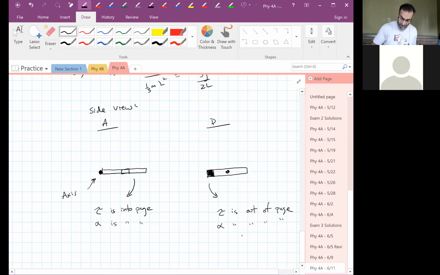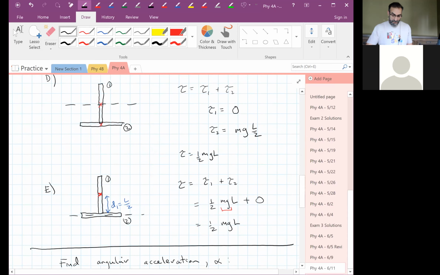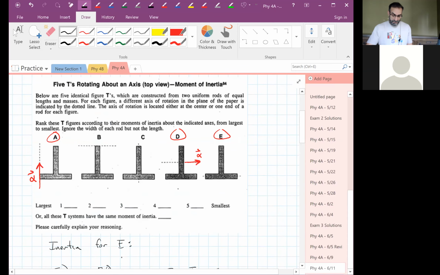Alpha, same direction as the torque. All right, so if we swing around and look at it like this, alpha points that way.